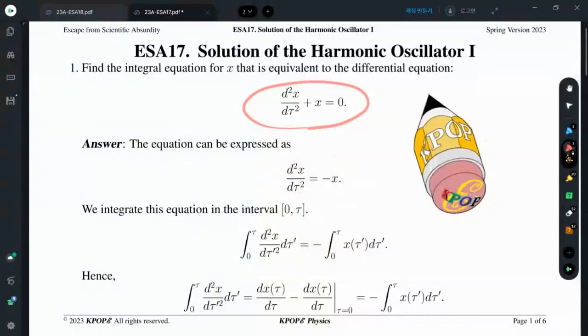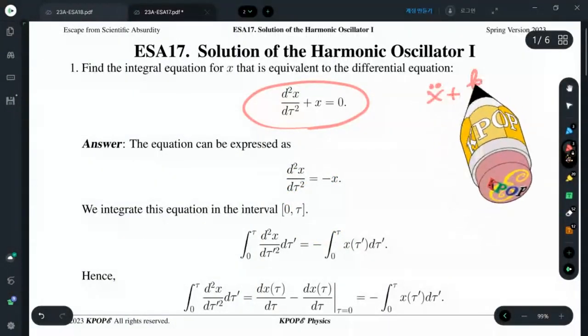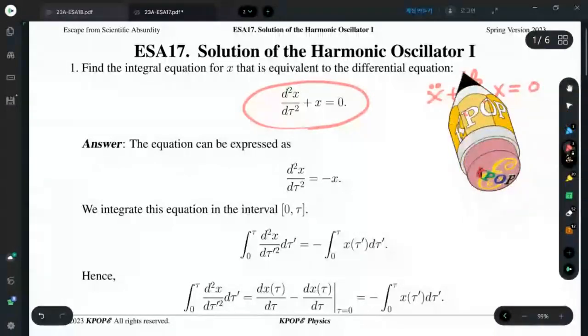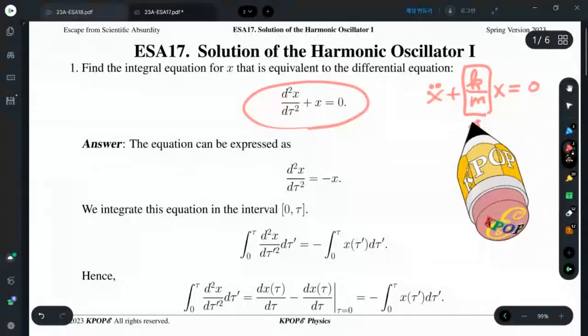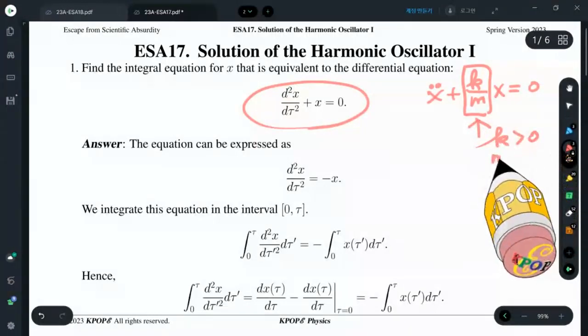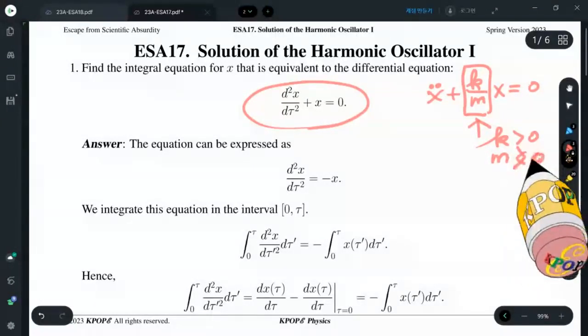The general form is the double time derivative of x plus k over m times x equals 0, and we know k over m is positive definite because the spring constant is positive and the mass of the particle is positive.